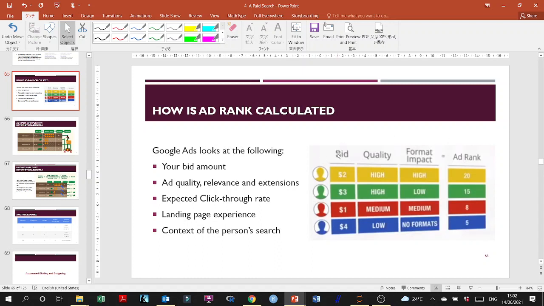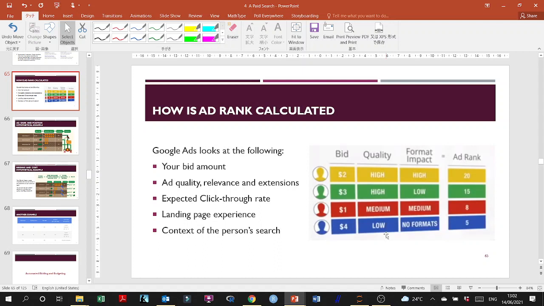So the first ingredient of the ranking recipe is the bid. Then comes the quality score of your landing page, and the quality score also covers the relevance of your site and the click-through rate.